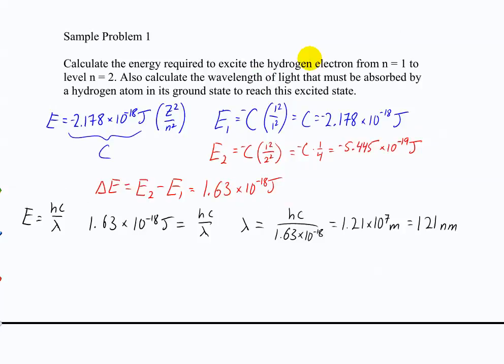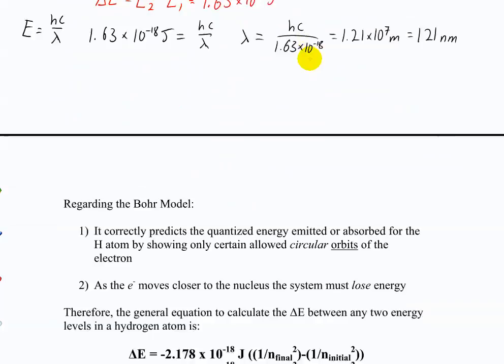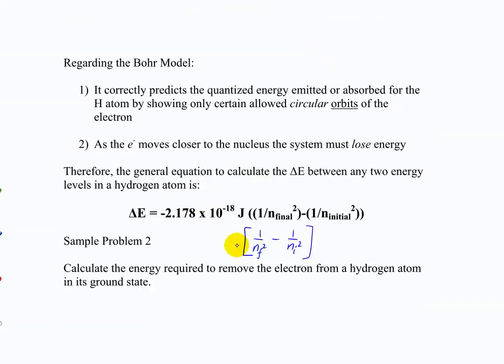Calculate the energy required to excite the hydrogen electron from n equals 1 to n equals 2. What we did was we calculated the individual potential energies for level 1 and level 2, and then we subtracted them. What we could have done, now that we know this, is simply use this equation with NF equals 2 and NI equals 1. And then we would get the same thing.